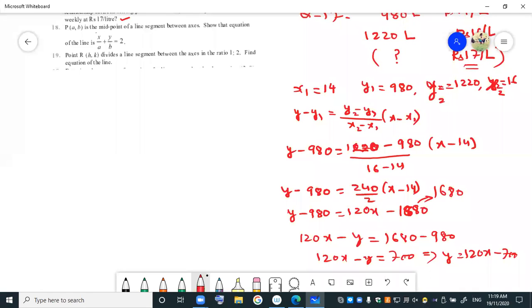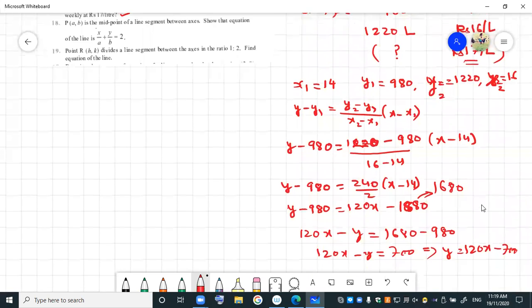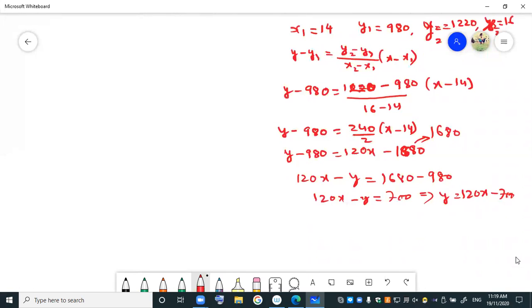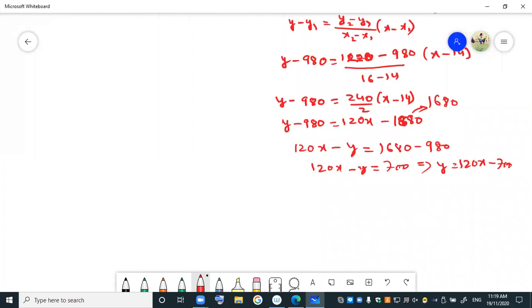Now they are asking, when the rate is 17 rupees per liter, how many liters will he sell? So we take x equal to 17 rupees per liter. Then the total liters sold per week will be equal to 120 into x, x is 17, minus 700.